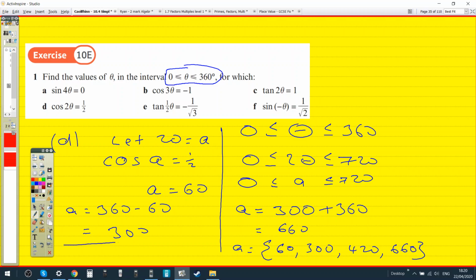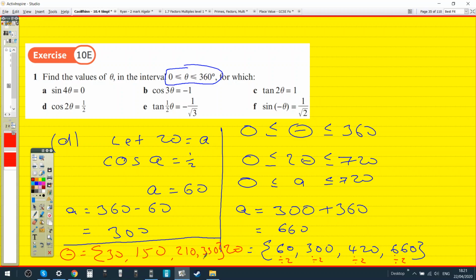So those are 2 theta. So then to get theta, did we divide all of those by 2? Yeah. Okay, so then theta equals 30, 150, 210, and 330.